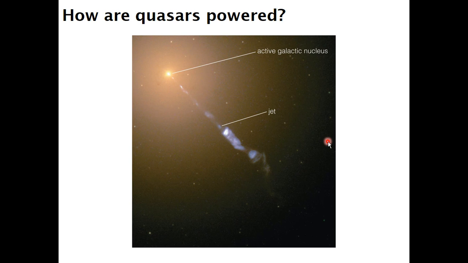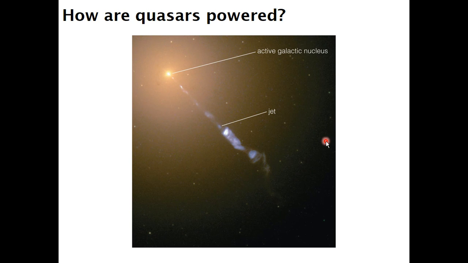It's called a quasi-stellar object. The idea is that people looked at these objects when they first discovered them, and they realized they kind of look like stars in visible light. And then you look at their energy production in radio waves, and they were massively, massively overproducing energy.